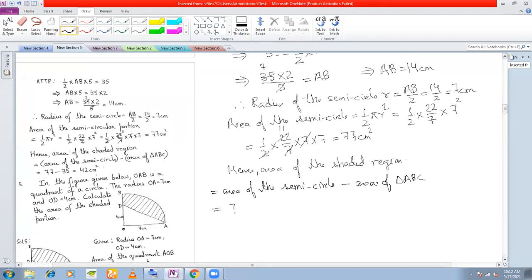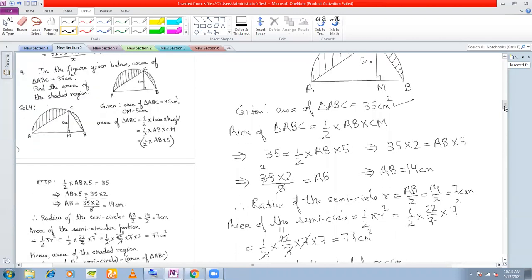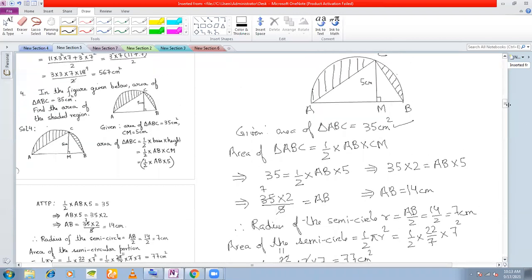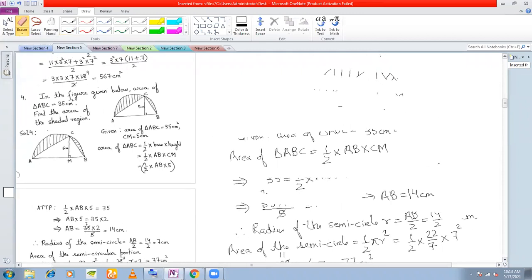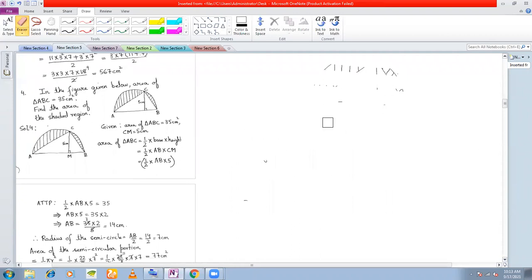Area of the semicircle is 77, and area of the triangle was given to you as 35, right? So it is equal to 42 centimeter square. That is the area of the shaded region. Any question here at any step? No, sir. We'll do the next question then.